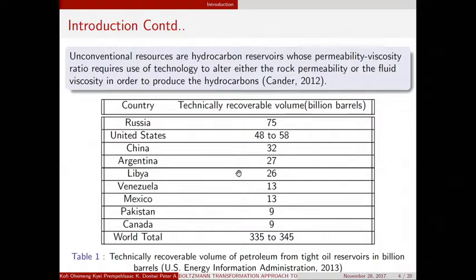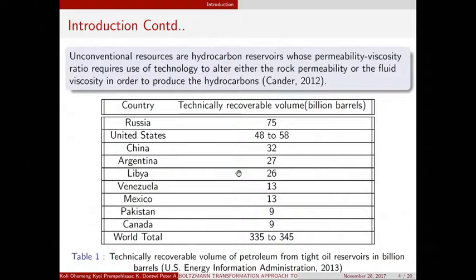Other researchers explain it using the geological structure, whether there is a presence of a trap or not, or whether the basin is continuous or centered. But I prefer the definition of Contd again, where he defines unconventional reservoirs based on the permeability-viscosity ratio of the system itself. In that case, you have a more mathematical definition without relying on just qualitative definitions.